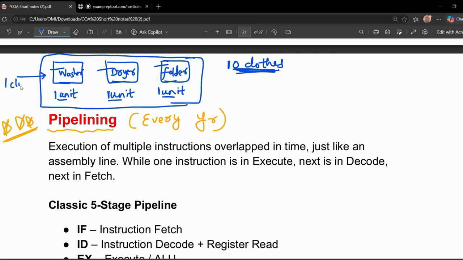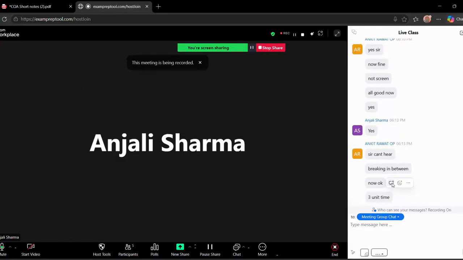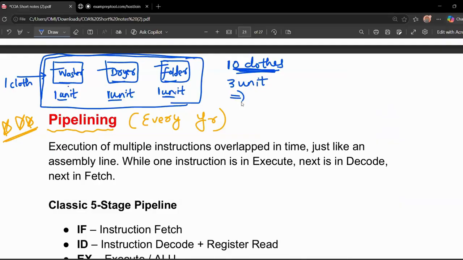One cloth goes through one unit, one unit, and one unit, so a total of three units, because this is the entire machine. So for 10 clothes, it takes 30 units of time.